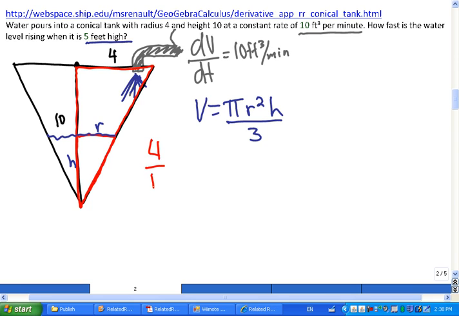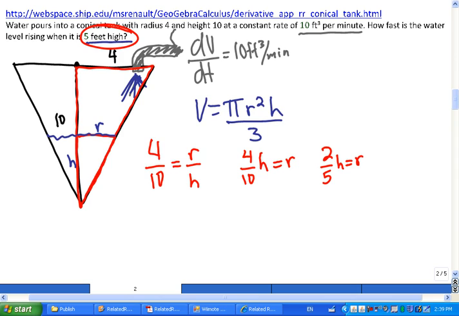So I could write this down like that. And that way, it says to me 5 feet high. I'd like to keep the height in this problem, but I don't have any information about the radius. Okay? So what I'm going to do is replace it. So this is going to say 4 over 10 h is the radius. I guess that would be 2 over 5 h.